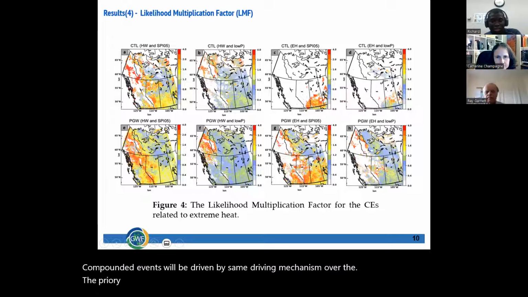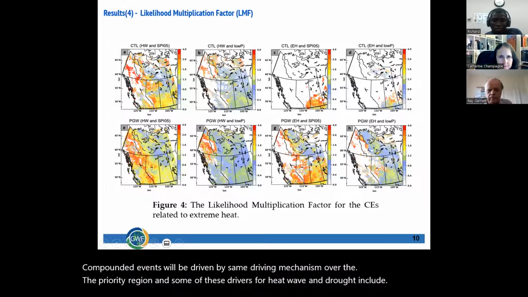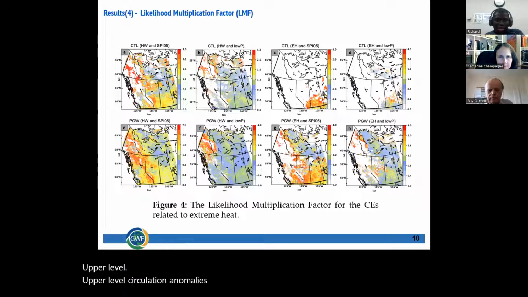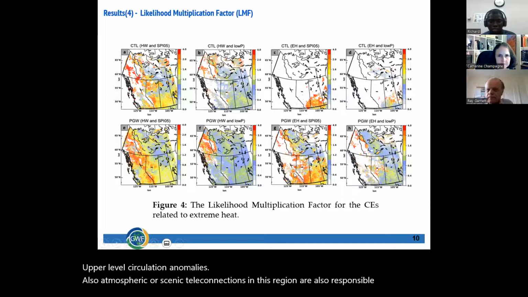And some of these drivers for heat wave and drought include upper level circulation anomalies, also atmospheric oceanic teleconnections in this region are also responsible for some of these compounded events.